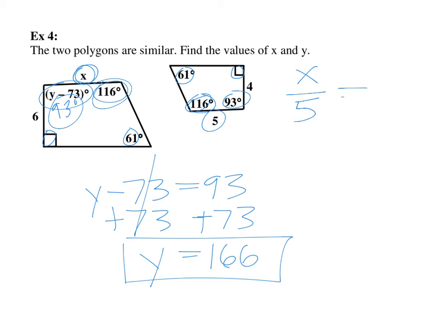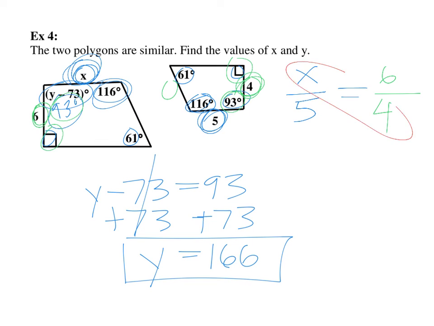I'm going to set up a proportion. x over 5 should be equal to 6 over what value? Is it this side or this side? Well, here's my 93, here's my 90, here's my 93, here's my 90, so it's going to be 4.